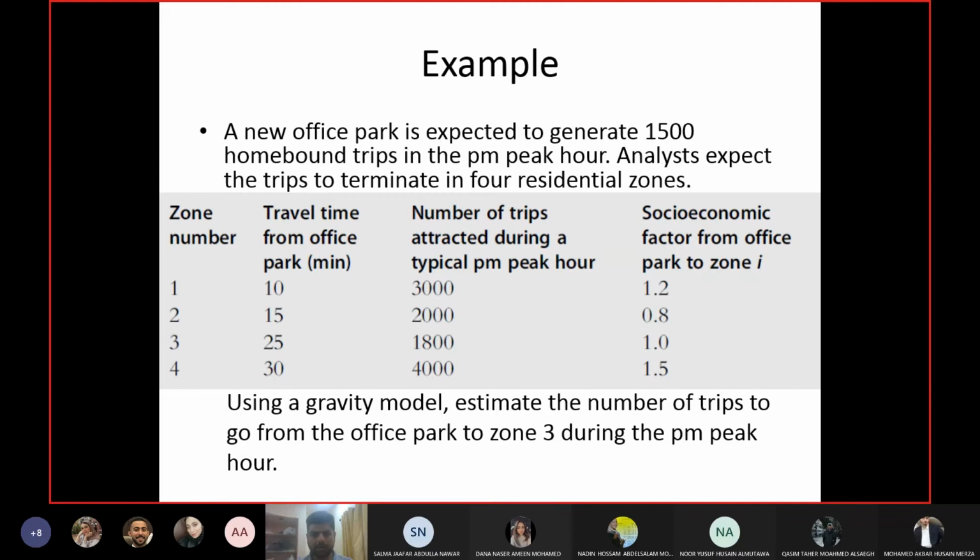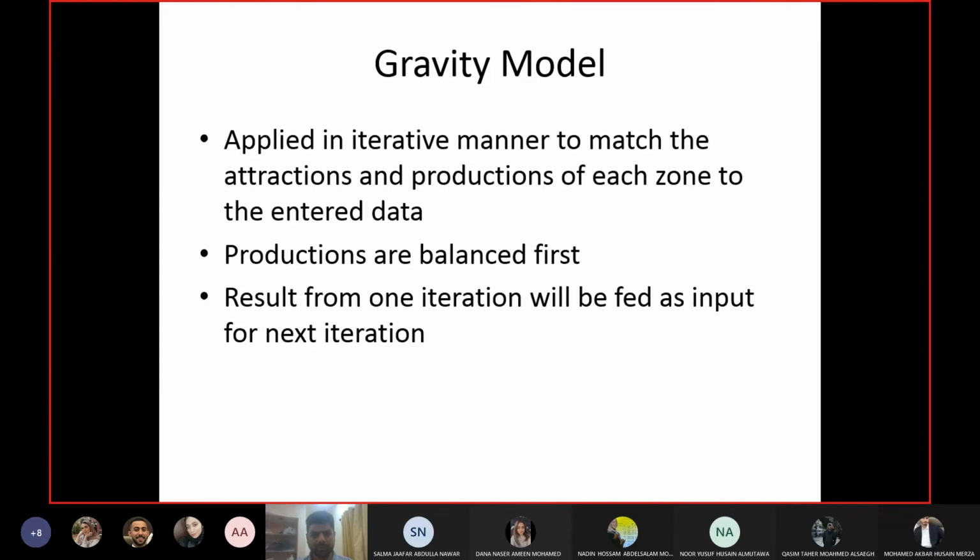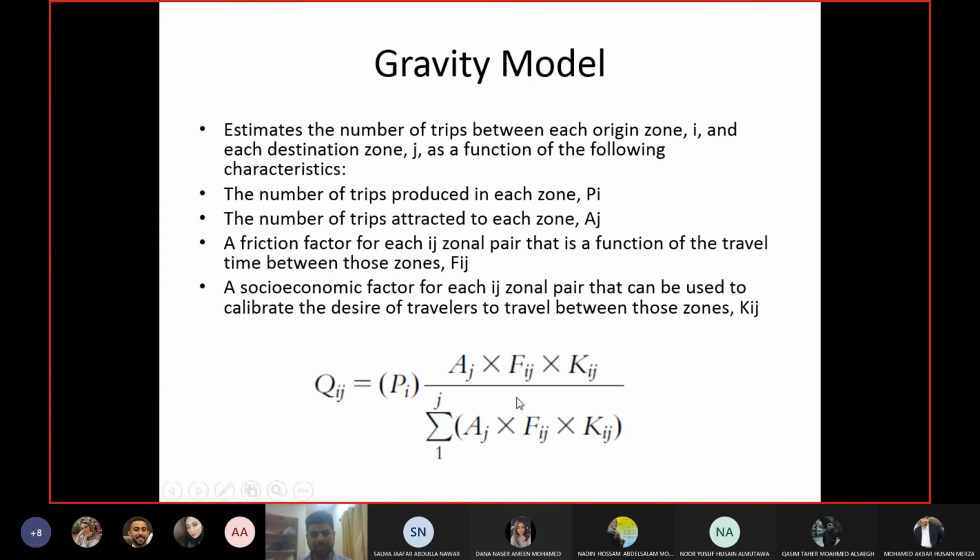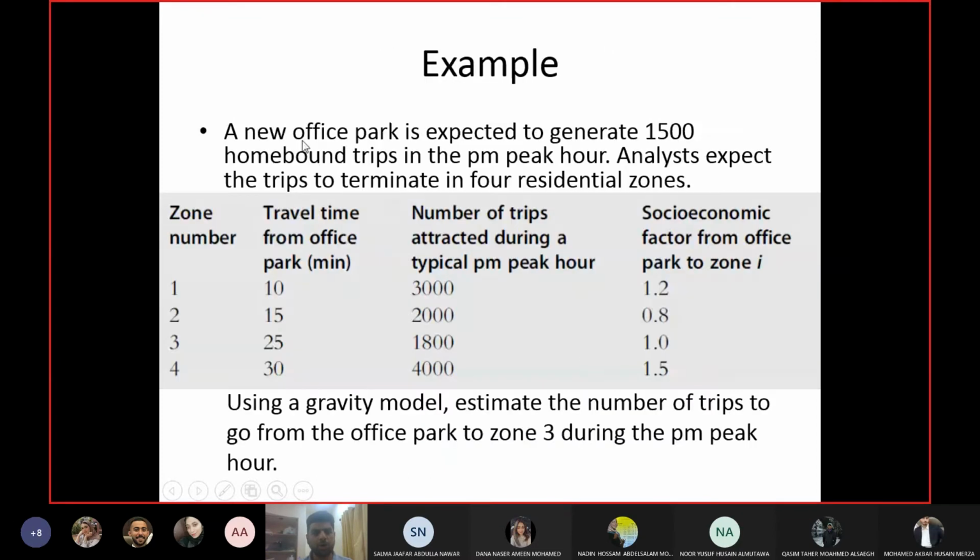For zone 3 now, first I have to use this equation. For this equation I need Fij between each 2 zones and Kij between each 2 zones. Zone J is the office park, and I are these 4 zones, my origin zones.